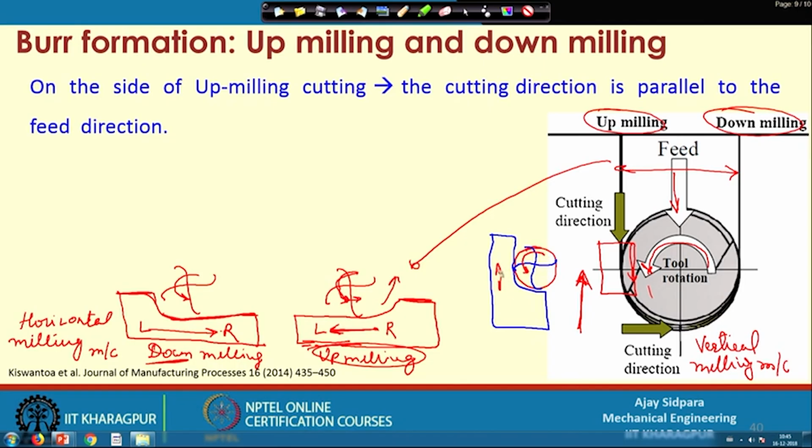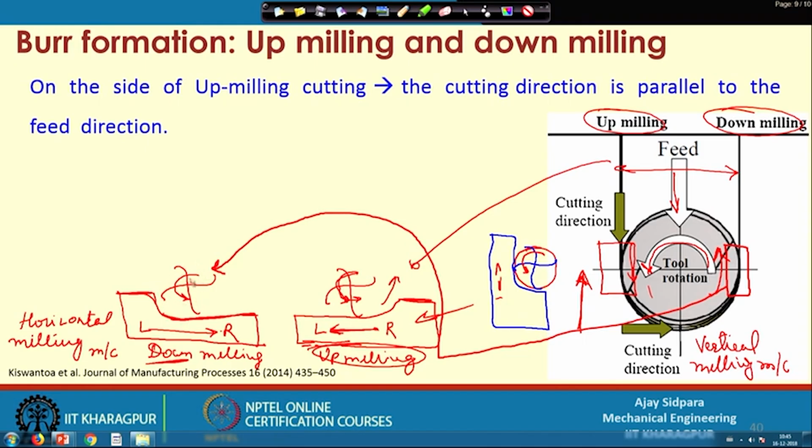Now, this is equivalent to this particular diagram. And now, consider this particular side at this location; this is actually equivalent to this one. Why is it like that? Because if you see in this direction, the tool is moving in this direction. So, let us consider it is again moving in this direction.